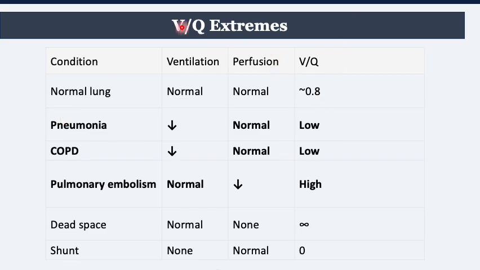And this is another little diagram that summarizes some of the VQ extremes. Again, I just want you to be aware of COPD, pulmonary embolism, and pneumonia.